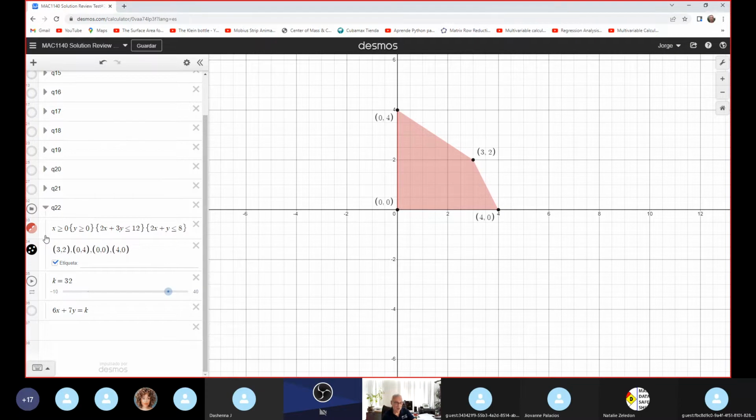And remember, x greater than or equal to 0 and y greater than or equal to 0 represent the first quadrant lines. So we have in this case a quadrilateral. It's not a square, rectangle, trapezoid, or parallelogram. It's weird.